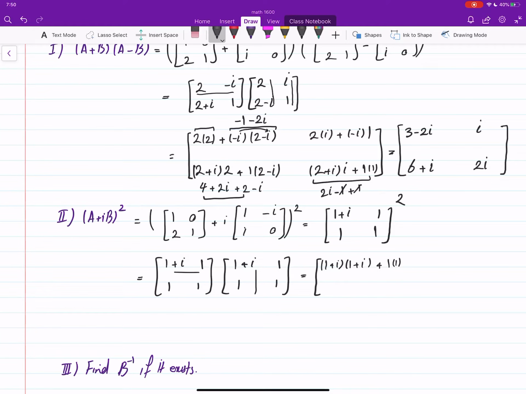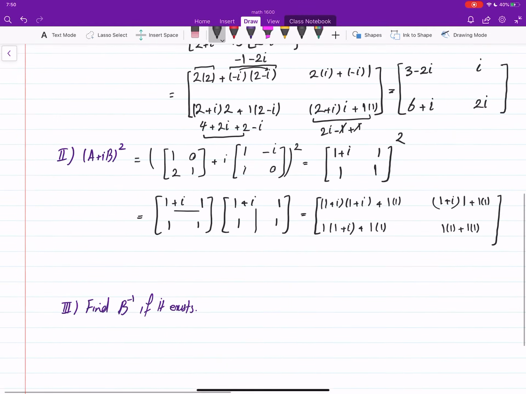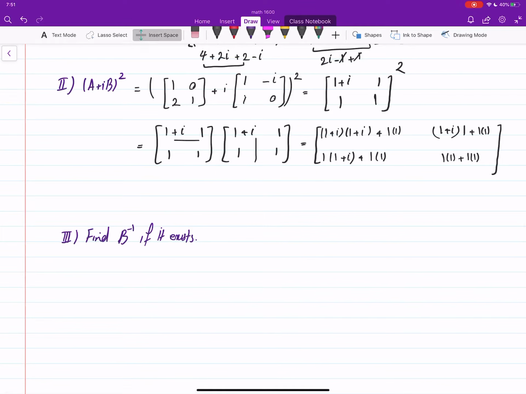The second one, 1 plus I times 1 plus 1 times 1. 1 times 1 plus I plus 1 times 1. And 1 times 1 plus 1 times 1. Very nice.